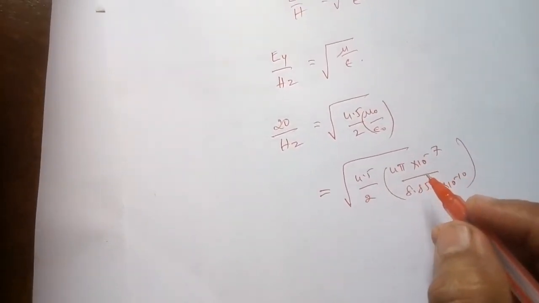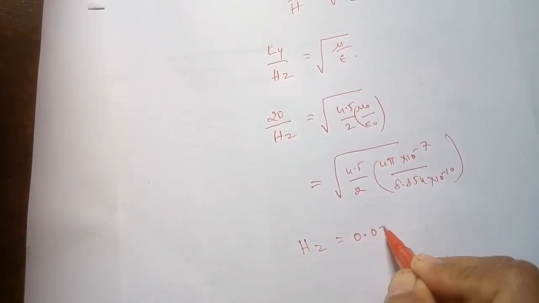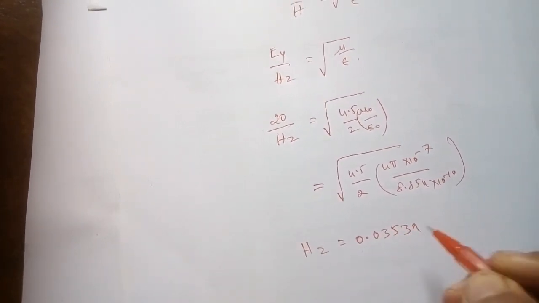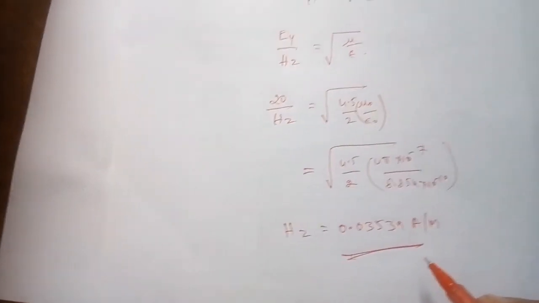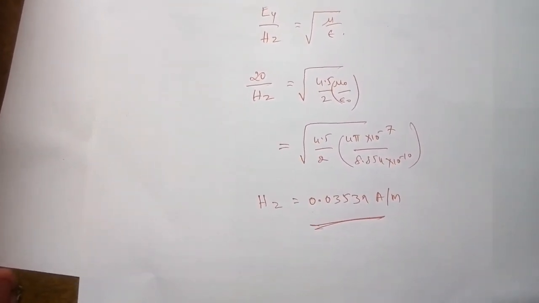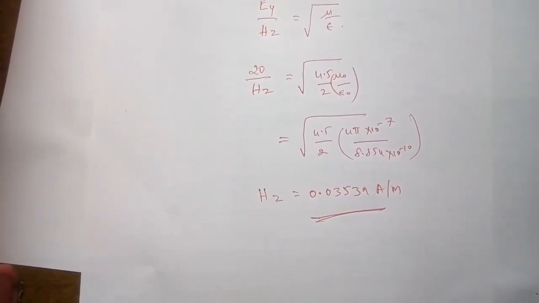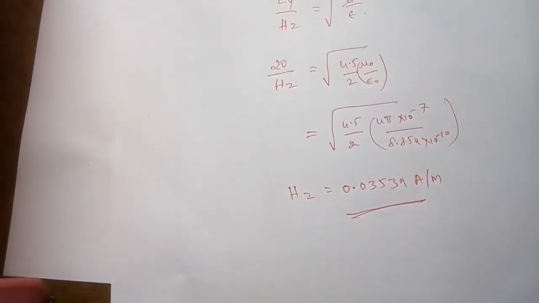Calculating, you find Hz is equal to 0.0353 ampere per meter. So this is the magnitude of the magnetic field intensity. The direction, already it's the z direction, and this was exactly the answer.